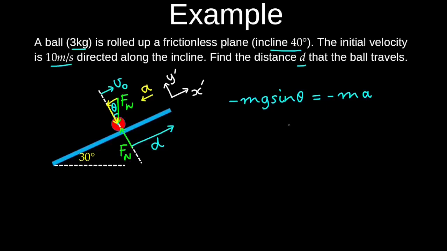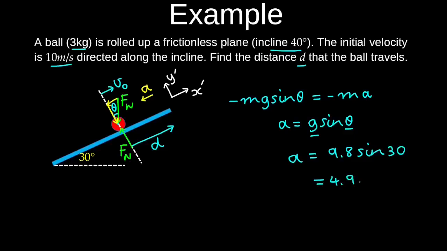And solving for the acceleration, so substituting for the following values, you'll get the acceleration. And to find the distance, well, we know the initial velocity. We know the final velocity when the ball stops is 0.